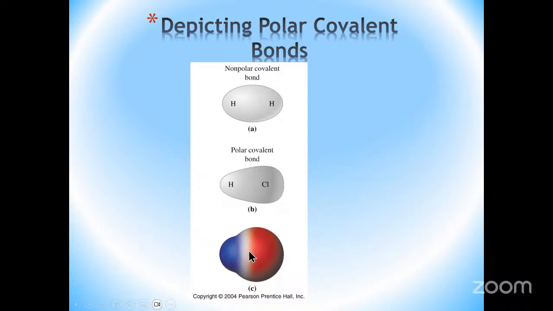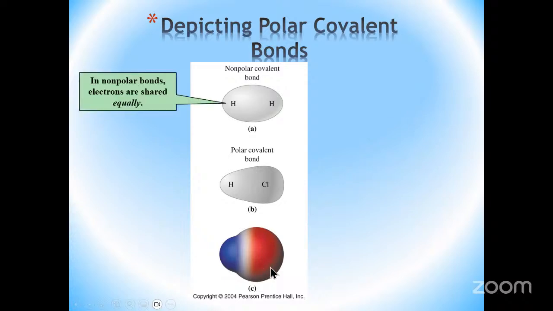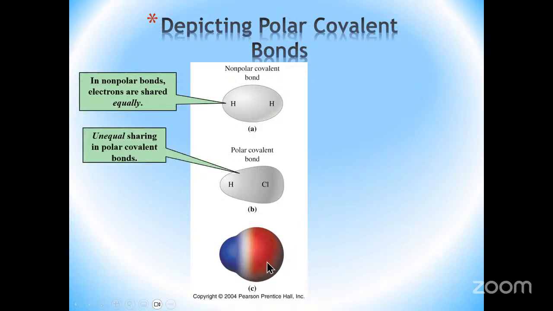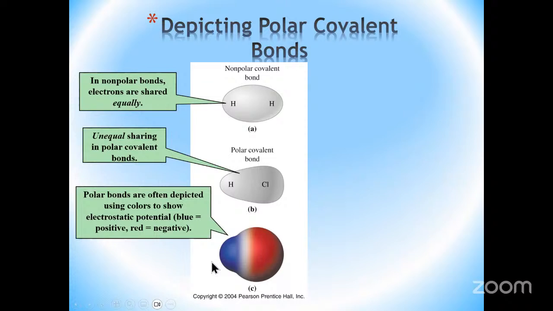And this is called an electrostatic map, a modeling technique that is used to highlight whether or not a bond is polar. Red usually means that the electron density is high in that region, and blue means that the electron density is low. So as you can see in this representation, the electrons on average will be closer to the chlorine compared to the hydrogen, all right?